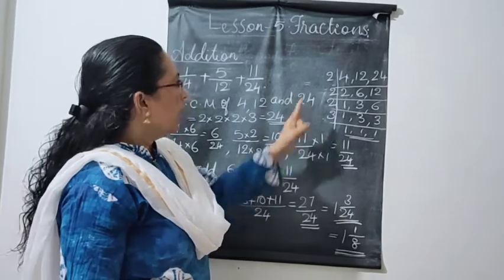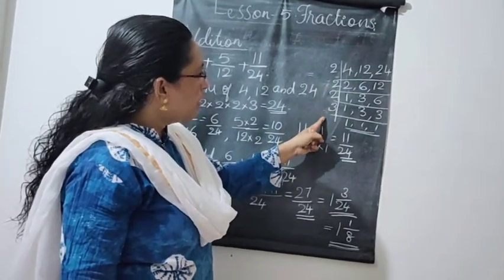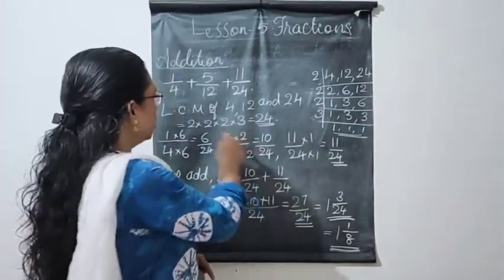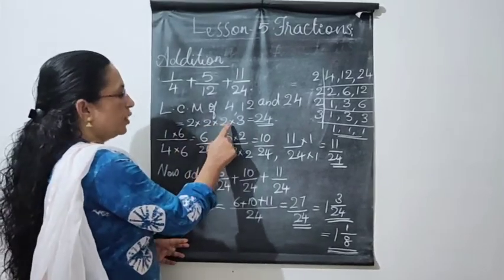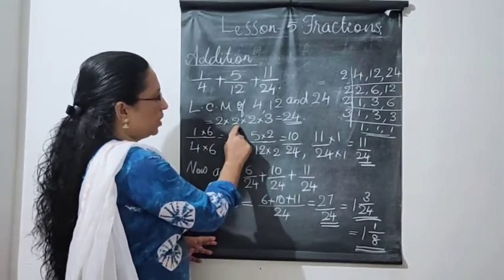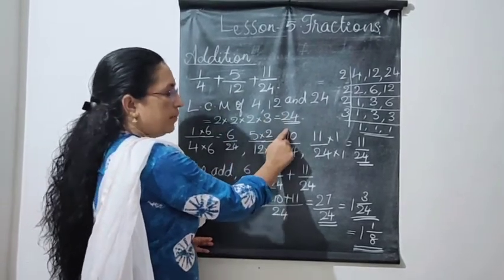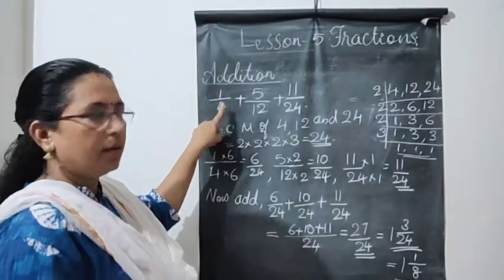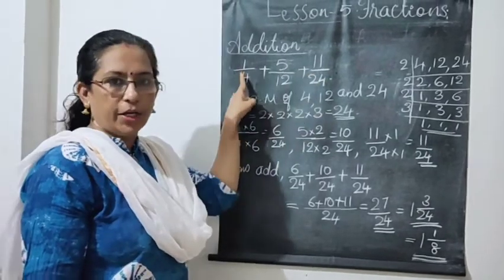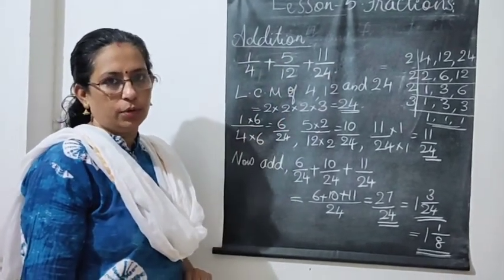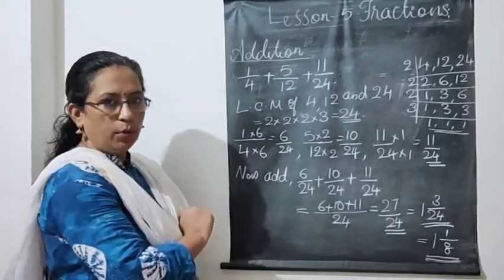Now multiply all the prime factors. 2 multiply 2 multiply 2 multiply 3. 2 2s are 4, 4 2s are 8, 8 3s are 24. Now the LCM is 24. Convert all these fractions to the denominator 24. For that, what we have to do?